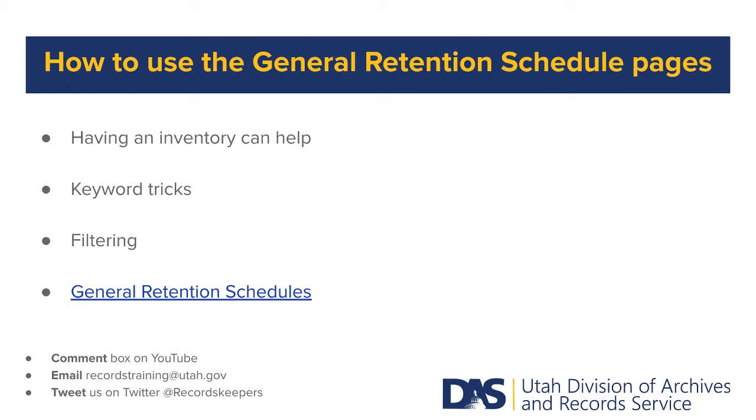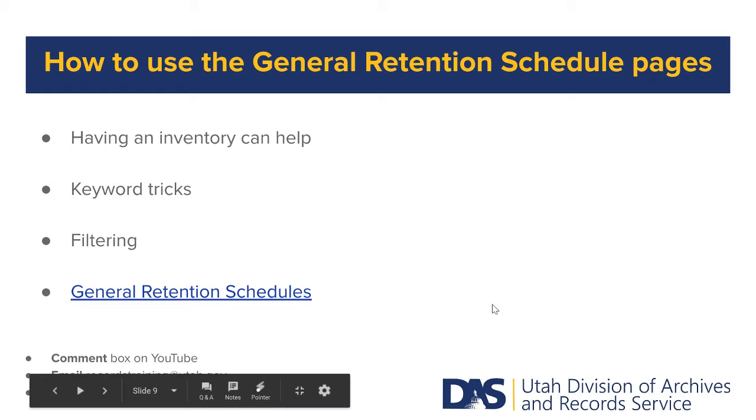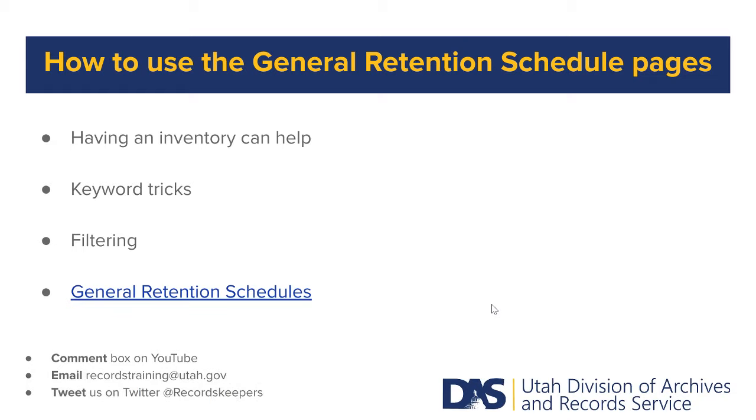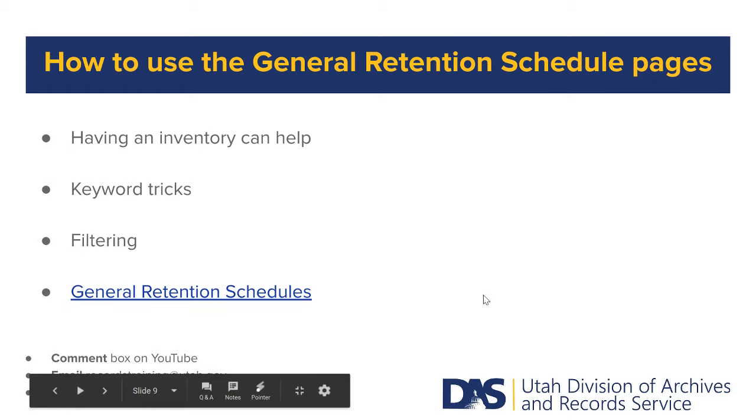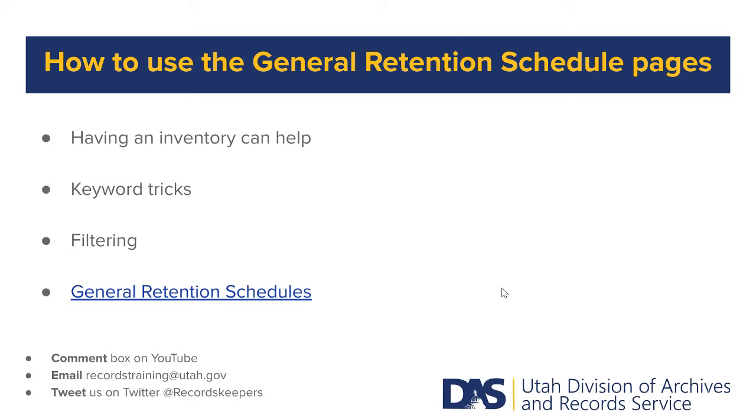And also if you were using the old printed schedules, that information can still be helpful, and we'll show you how you can use those old numbers and old descriptions to help you search in the retention schedule search fields that we have now. Do you want to talk a little bit about keyword tricks or filtering?